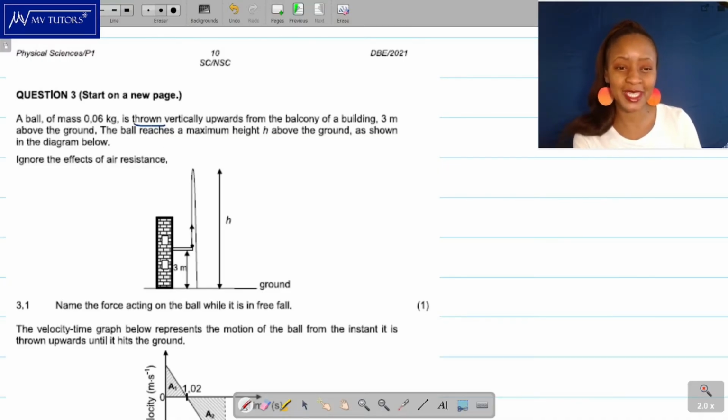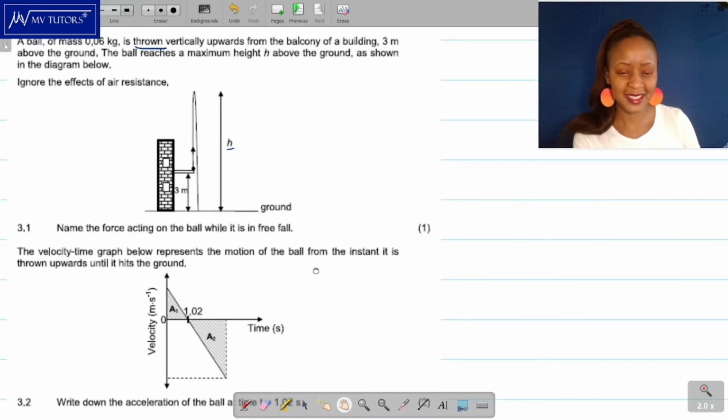So it's thrown vertically upwards from the balcony of a building, 3 meters above the ground. The ball reaches a maximum height, h, above the ground, as shown in the diagram below. Ignore the effects of air resistance. So let us get to the questions.